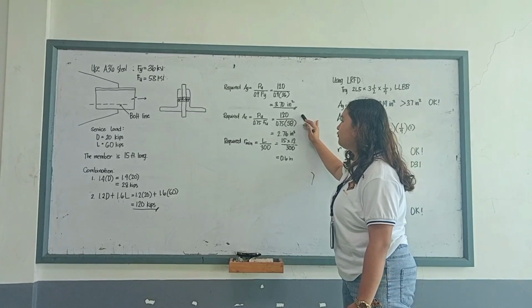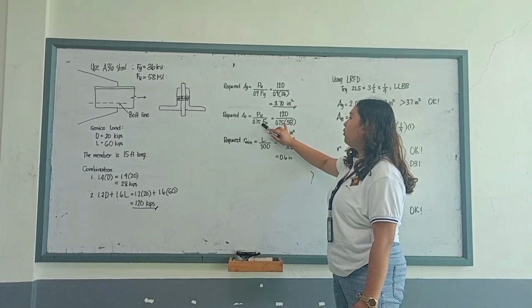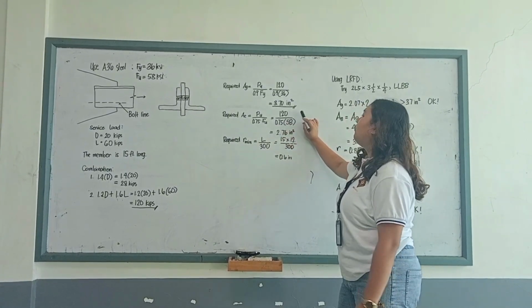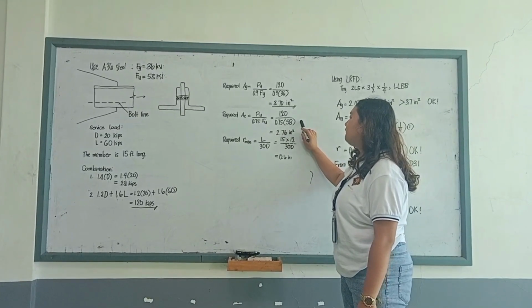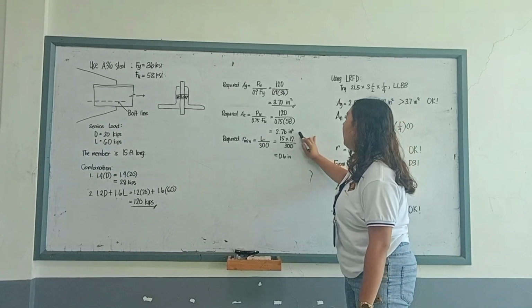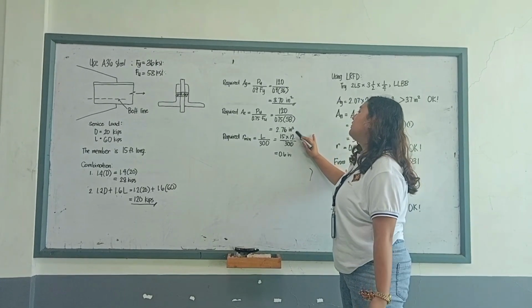Next, let us compute the required effective area. Factored load over 0.75 FU is equal to 120 over 0.75 times our FU of 58 KSI, as given by A36. We get 2.76 square inch.